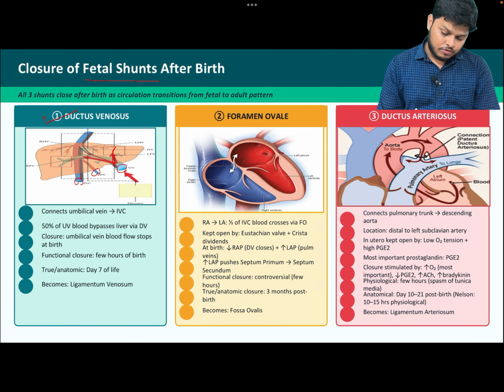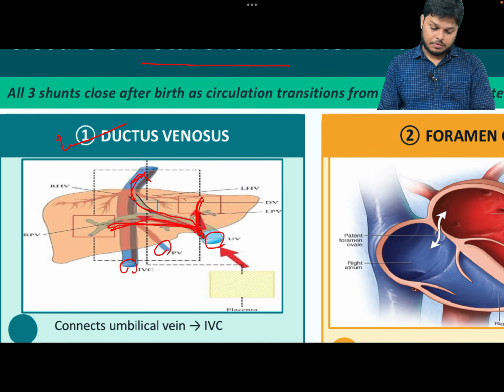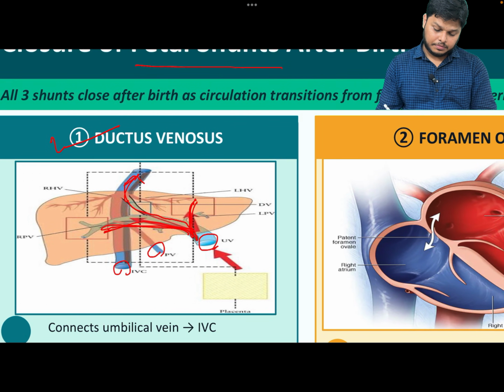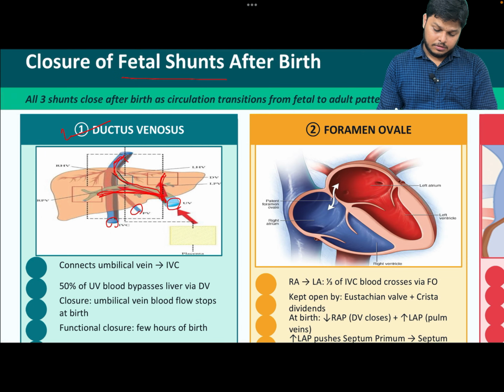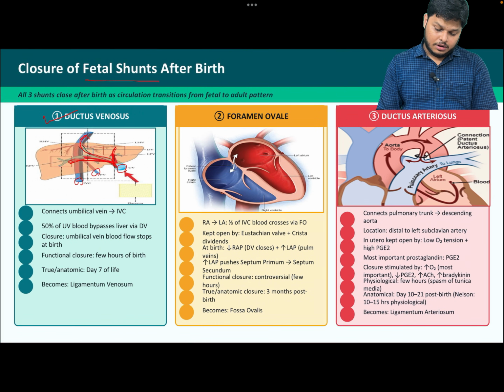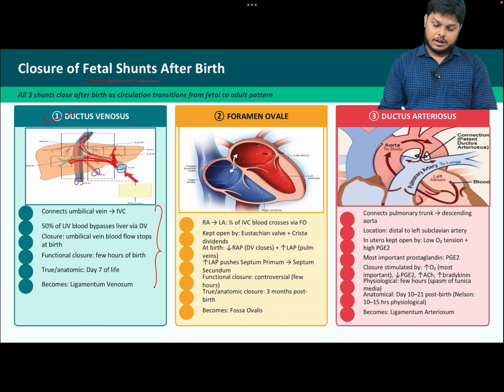Of the umbilical vein blood, 50% goes into the hepatic circulation, and the rest 50% goes into the inferior vena cava. Understood this part? Now what does the ductus venosus do? These are the salient points regarding each structure.